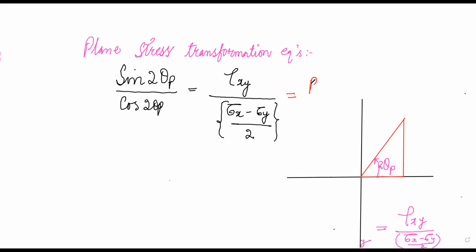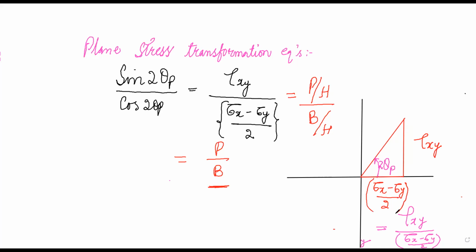Sine theta means perpendicular by hypotenuse, and cos theta means base by hypotenuse, so that can be written as perpendicular by base. So this 2 theta p is such that the perpendicular of that right angle triangle is equal to tau xy, and the base is equal to sigma x minus sigma y divided by 2.